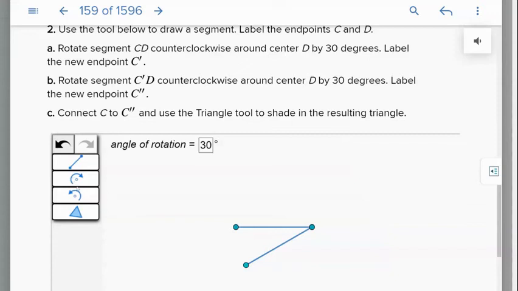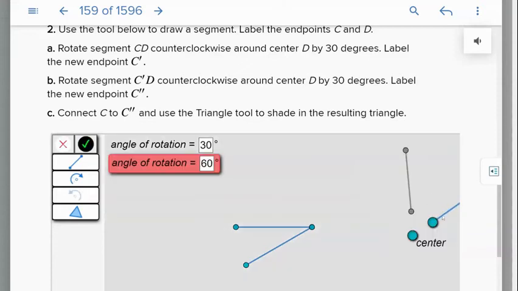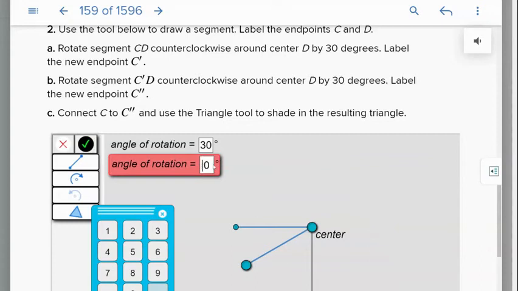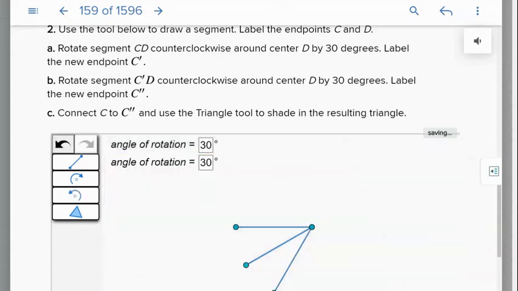Okay, so we're rotating counterclockwise. We're using C prime to D and around the center D, so we're still here, by 30 degrees. So we're just going to bend this more, 30 degrees. There we go.